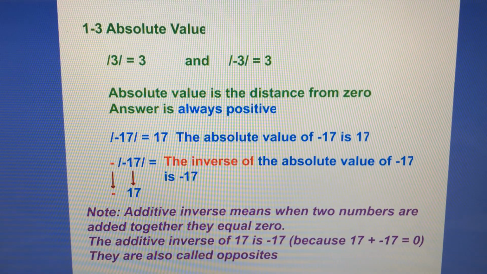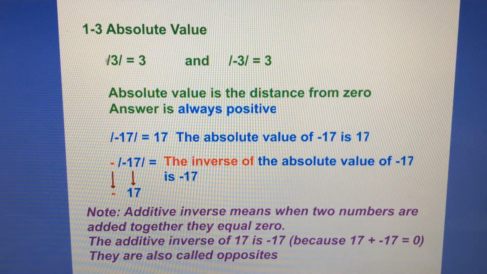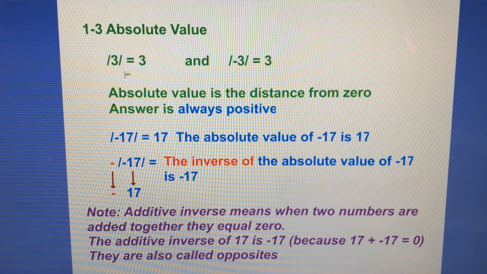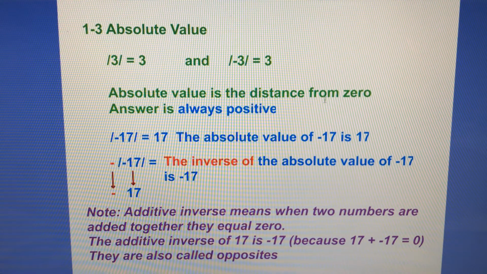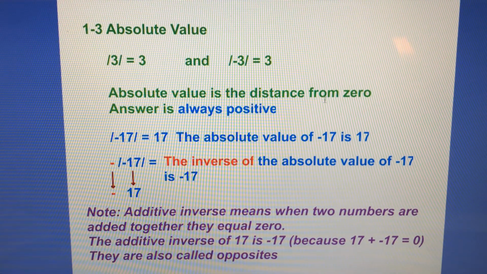Let's look at absolute value. Absolute value uses these slanted bars. And if your digit is inside those bars, it means absolute value is the distance from 0. The answer is always positive. Think of a tape measurer.